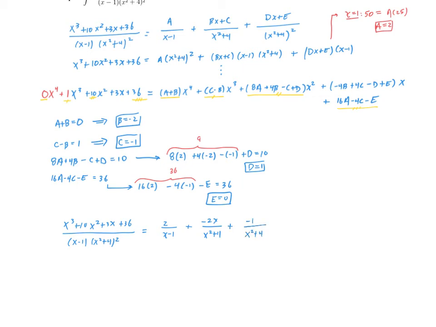And then finally we have dx over x squared plus 4 quantity squared. D is 1, so it's x over x squared plus 4 quantity squared. And e is 0, so that completes our partial fraction decomposition.